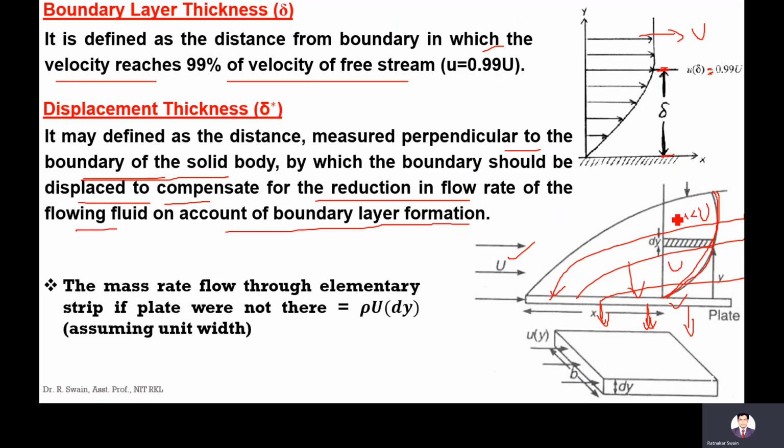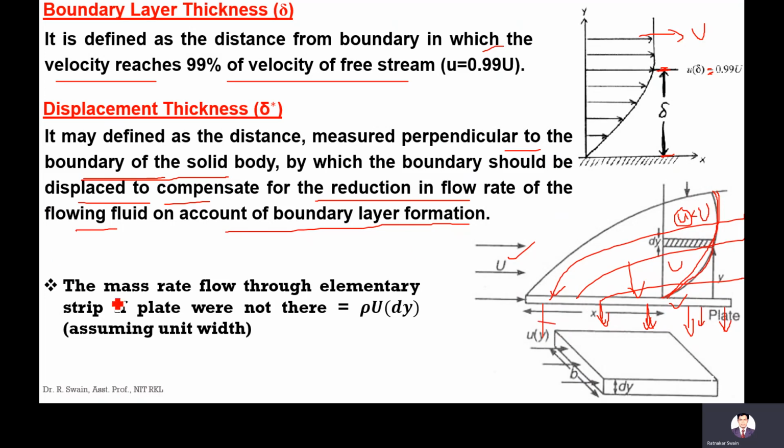Due to reduction of the velocity, there will be reduction in flow rate. To compensate that flow rate, if we can displace the boundary, that displacement is called displacement thickness.